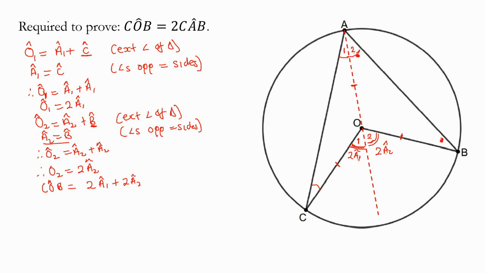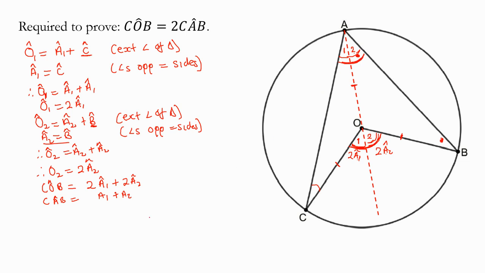Okay, this whole angle here, angle COB. And then angle CAB is equal to angle A1 plus angle A2. This whole angle here. That is angle A1 plus angle A2.